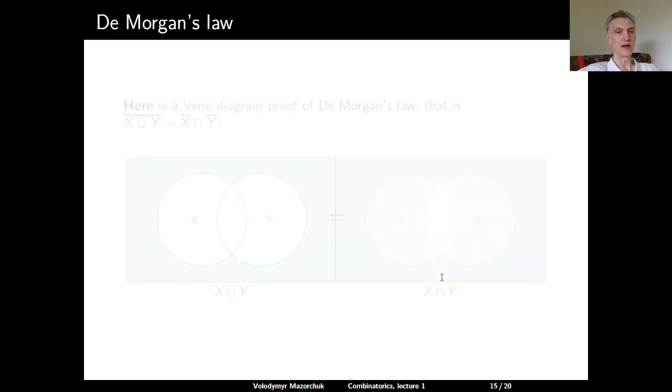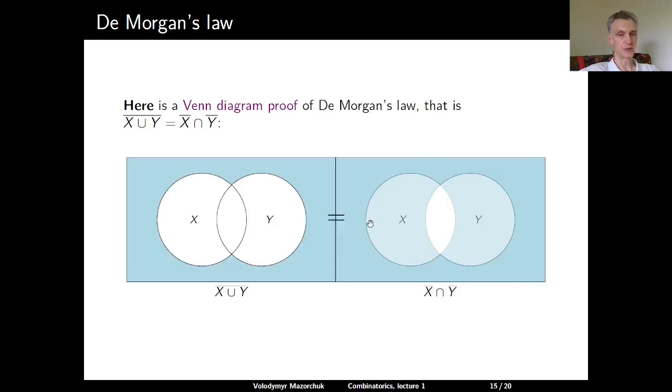So here is one example of how one can use Venn diagrams to prove relations between sets. So here is a Venn diagram proof of De Morgan's law, which says that the complement to the union of X and Y is equal to the intersection between the complement of X and the complement of Y. And here is the Venn diagram proof of it. Here on the left-hand side, we have the set X, the set Y, so we have the union, and what is colored is exactly the complement to this union.